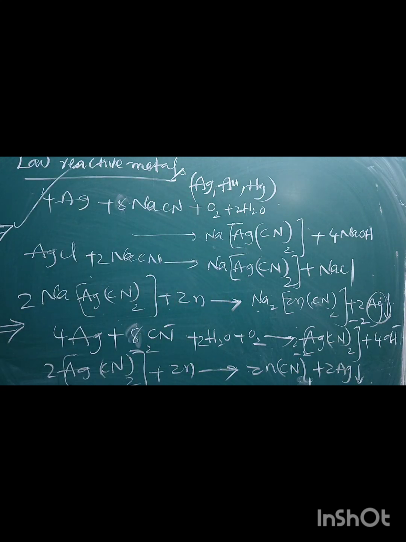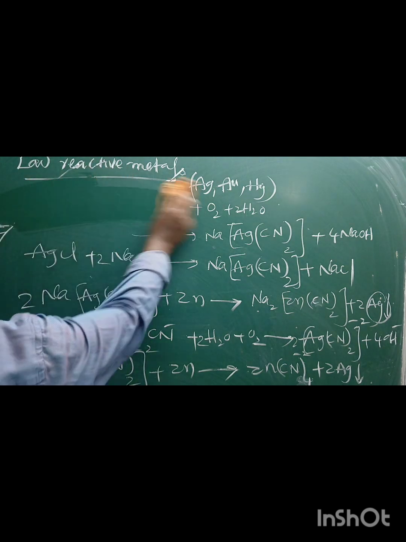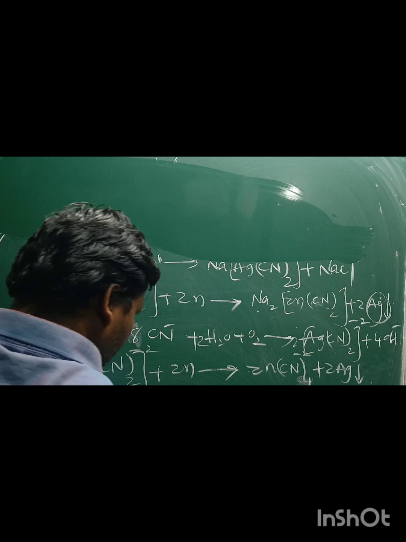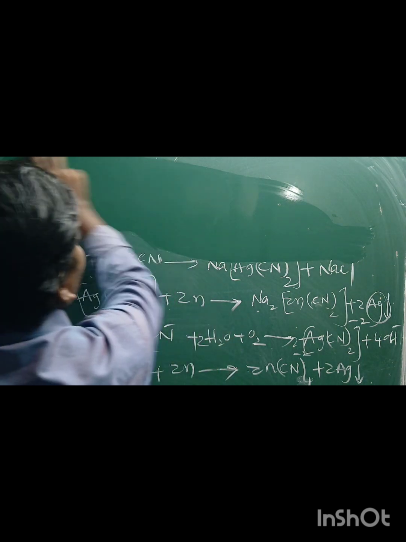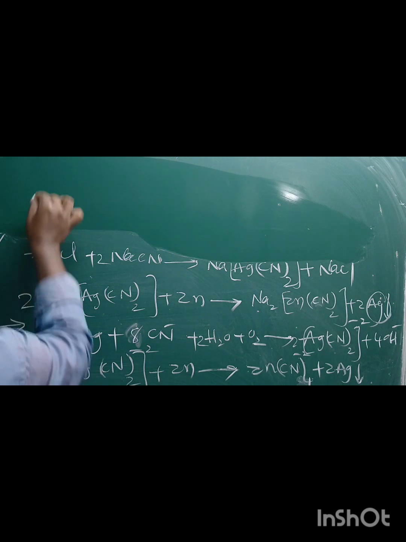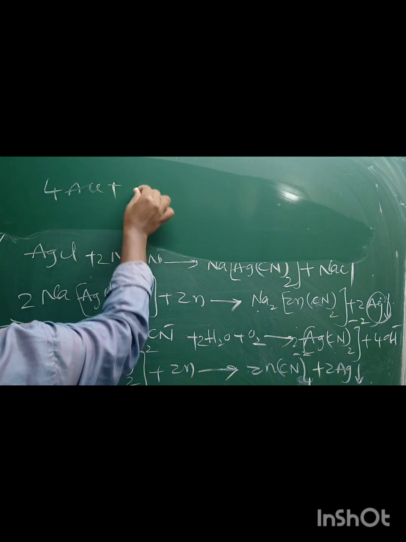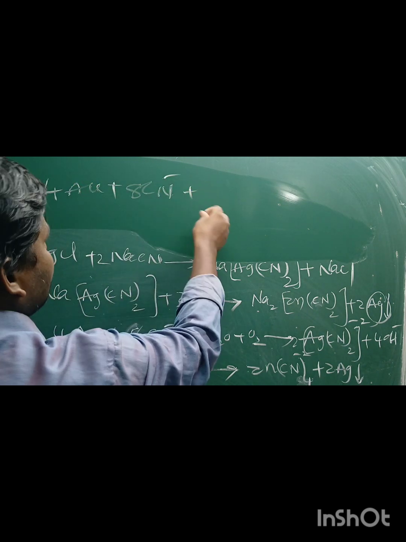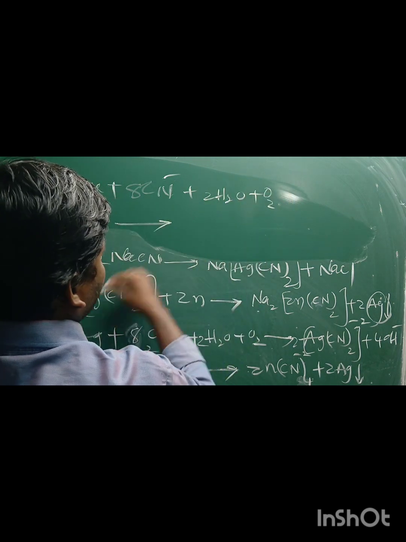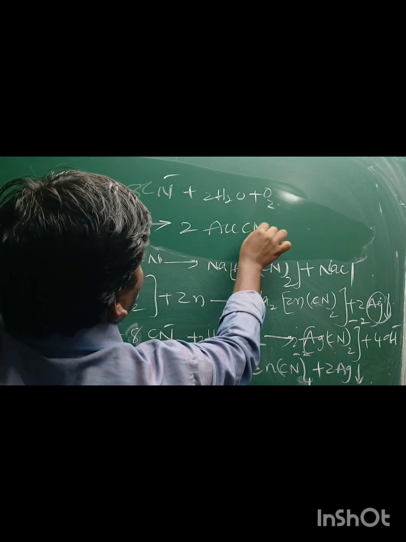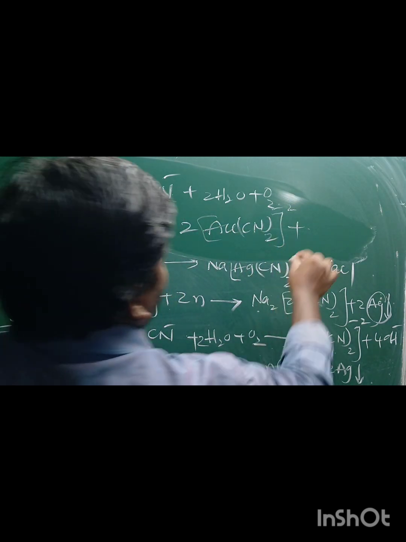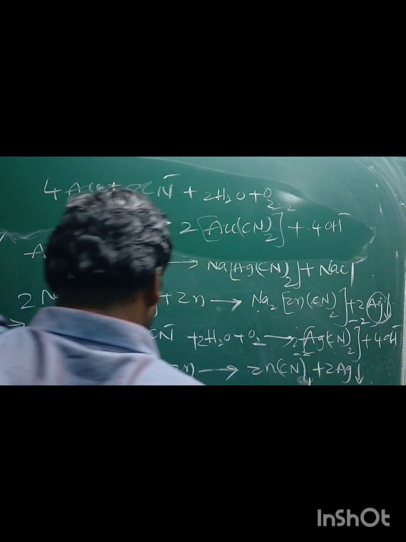In the same manner, if you take, instead of silver, now I am taking gold. That is 4Au combines with 8 cyanide ions, 2H2O plus O2 gives rise to 2Au(CN)2 minus plus 4OH minus ions.